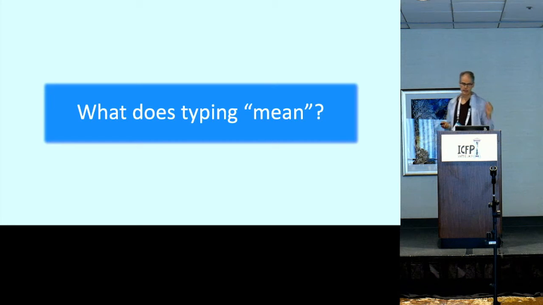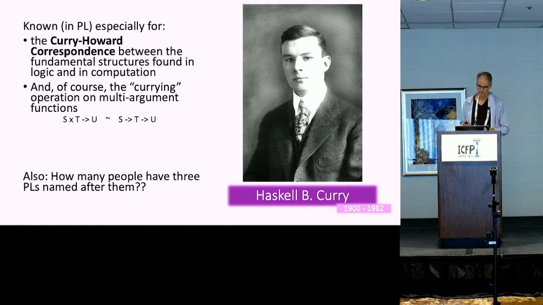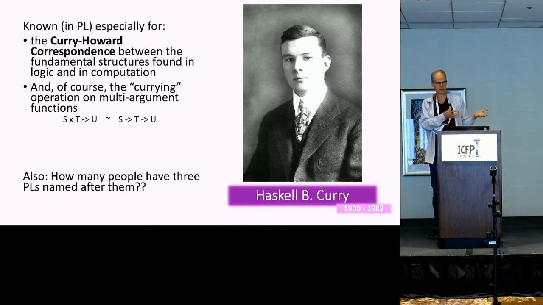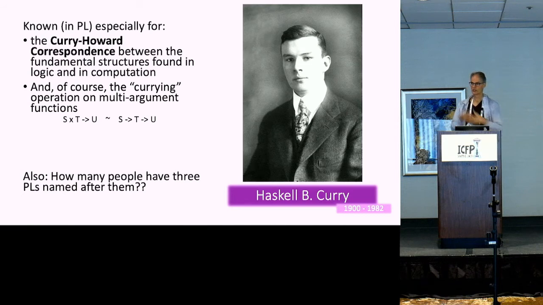Before we answer the question, let's introduce one more name. We've heard it already today. It's the name Curry. Haskell B. Curry is known in programming languages especially for the currying operation, of course, but also the Curry-Howard correspondence, which was basically noticing that structures that you find in mathematical logic, like proofs and theorems and proof normalization, correspond to structures that you find in programming languages like terms and types and stepping.